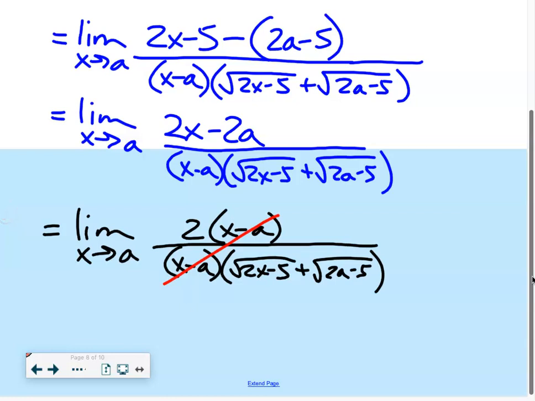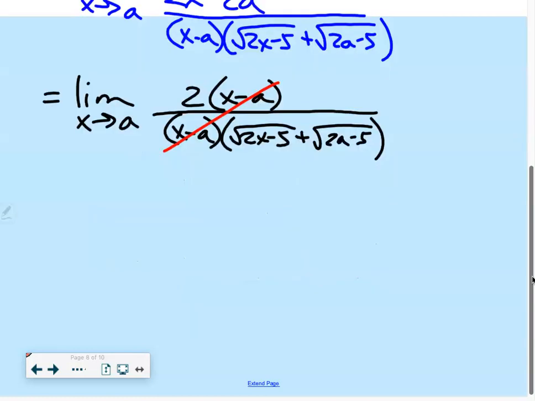Once you cancel, you can plug in, right? Don't leave it like this. You got to actually evaluate the limit. The whole point of doing all this was to evaluate the limit, right? So when you're done evaluating the limit, there shouldn't be any LIMs anymore because you've found the limit. It's whatever you get. So when we plug in, as x approaches a, we plug in an a for x, not an x for a, an a for x.